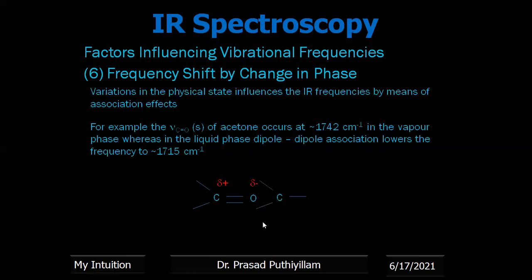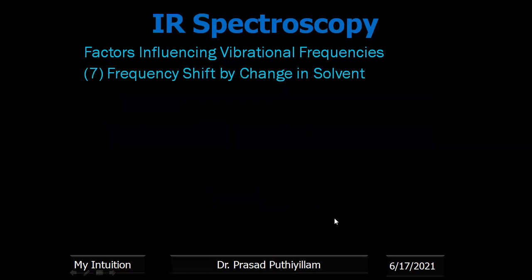The association takes place in this manner, where this negatively charged oxygen affects this positively charged carbon, and then a further carbonyl group. So it lowers the frequency to 1715 cm⁻¹.